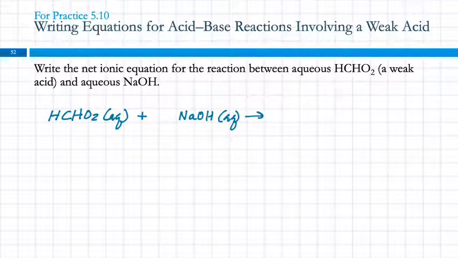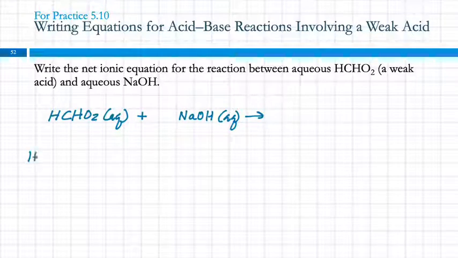I need to figure out what the products are. And I do that by separating them into ions and switching partners. So this is a strange acid. We haven't looked at that one before. You take the hydrogen off, and you write everything else as the other ion.